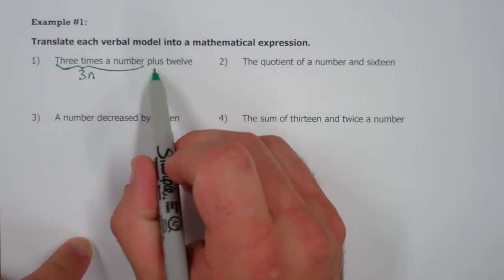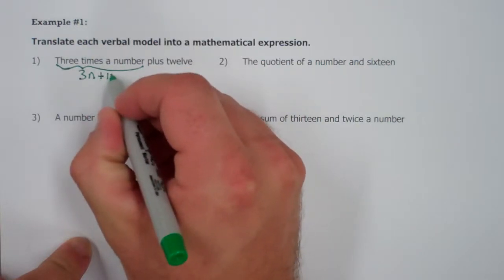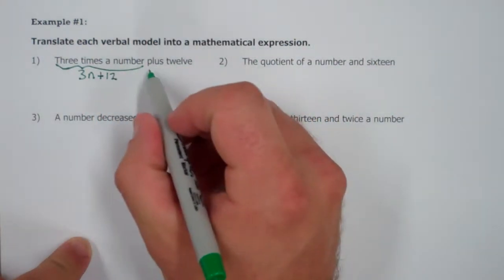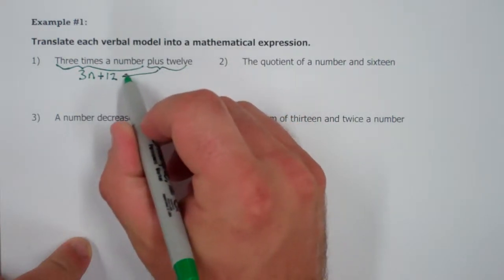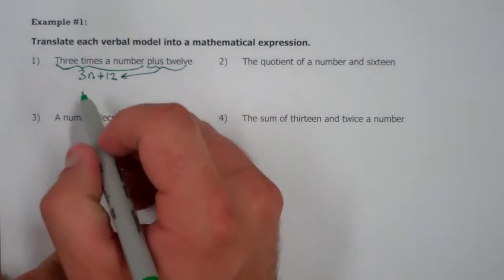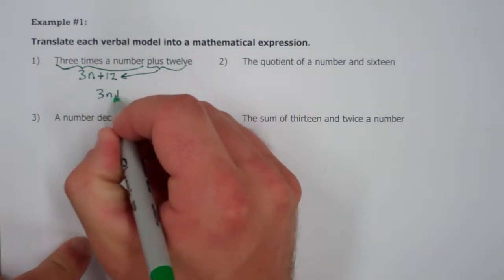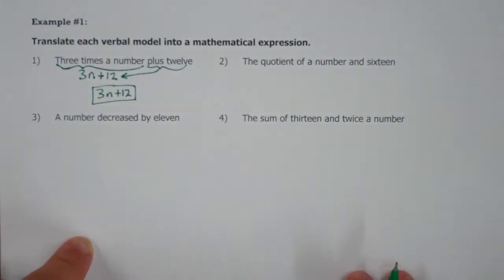This plus 12 is going to be, as it sounds, plus 12. So we can maybe draw a line here and say, hey, that's the plus 12 part right there. Okay? So 3n plus 12 would be our final answer.